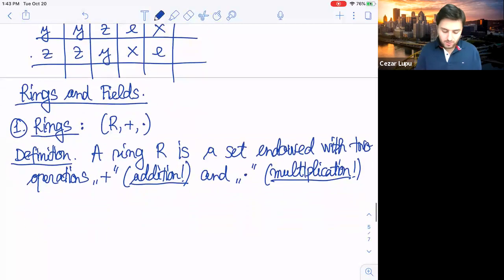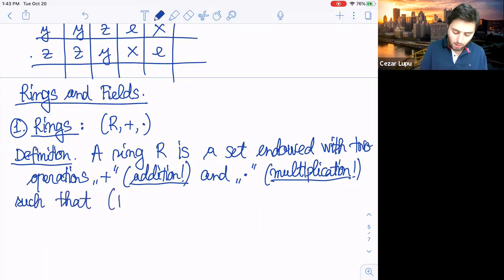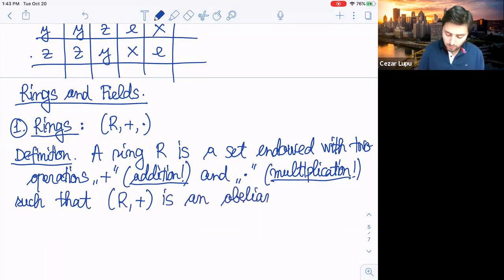Okay, such that the following properties hold true: R with the first operation, the plus, and if we look only at this, we will look at this as a group, is an abelian group. So you know what an abelian group means. We have seen the properties.